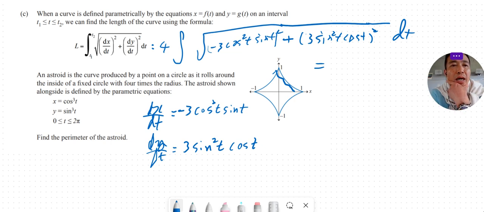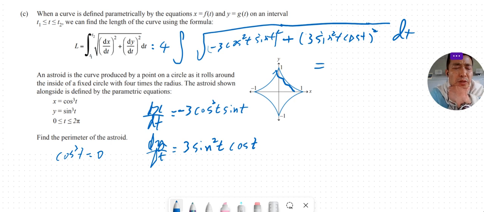Before then, I have to find the domain, t1 to t2. When I see this diagram, x ranges from 0 to 1, isn't it? So start with x equals 0: cosine cubed t equals 0.